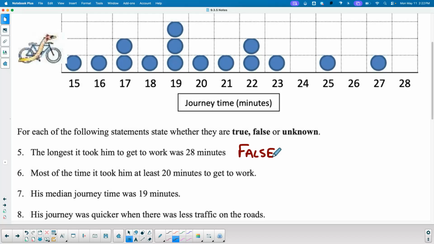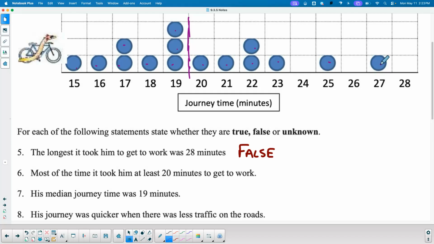Close. Okay? So if in our brains we drew an imaginary line right there, because that would be the 20 break, there's 1, 2, 3, 4, 5, 6, 7, 8 dots on that side, but there's only 1, 2, 3, 4, 5, 6, 7 dots on this side.